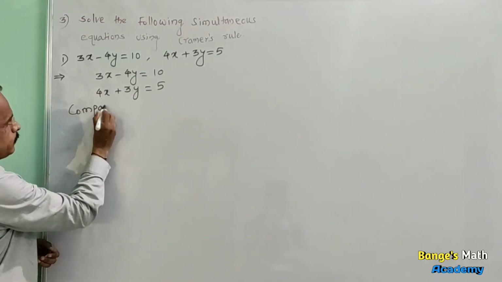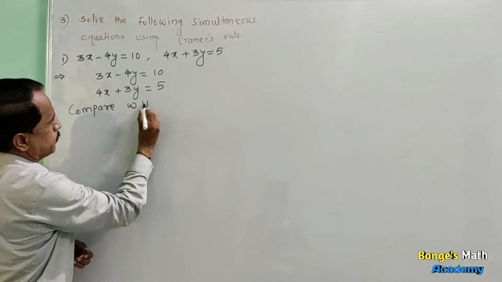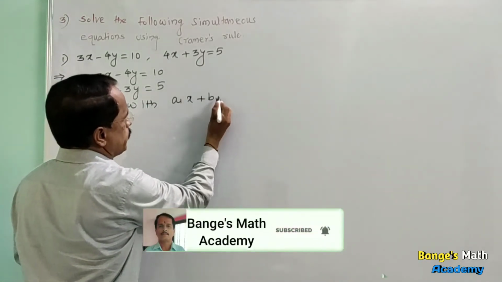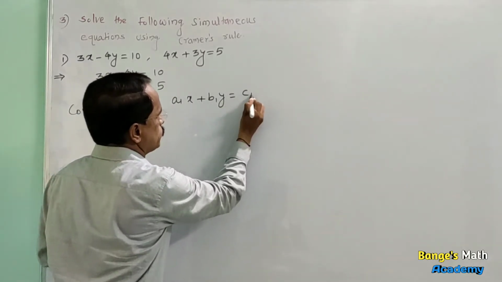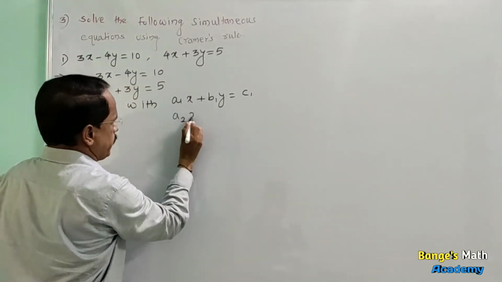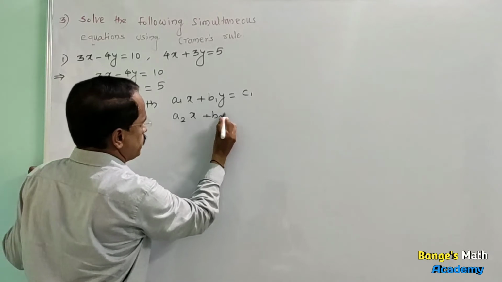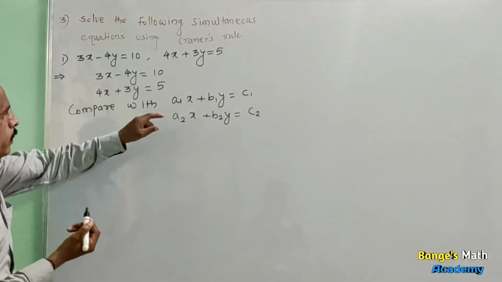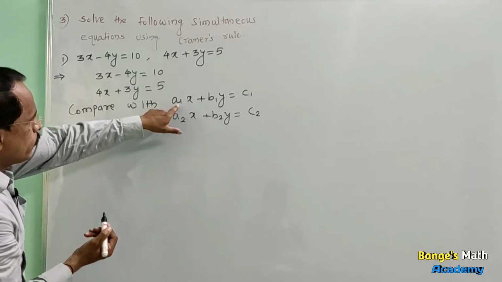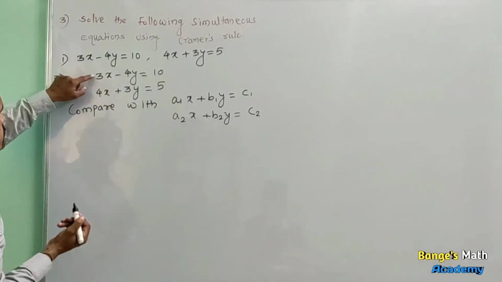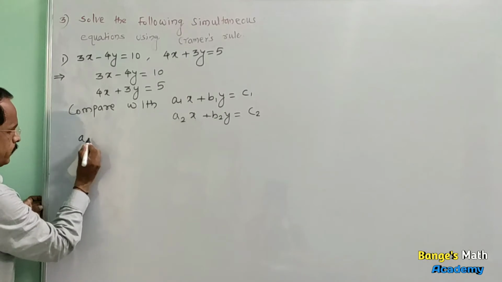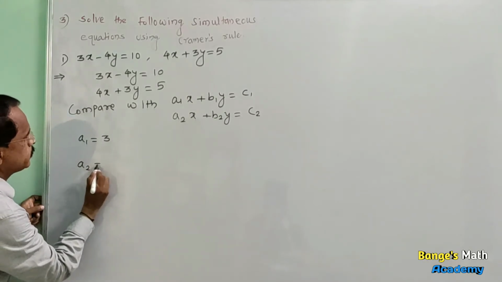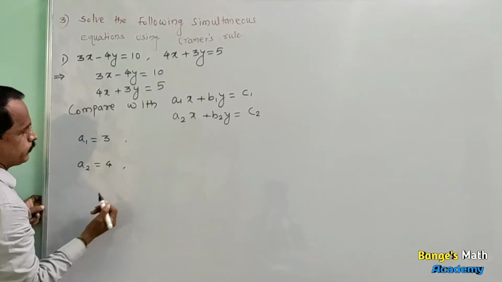Compare with a1x plus b1y is equal to c1 and a2x plus b2y is equal to c2. Then the values of a1 and a2 are 3 and 4: a1 is equal to 3, a2 is equal to 4.